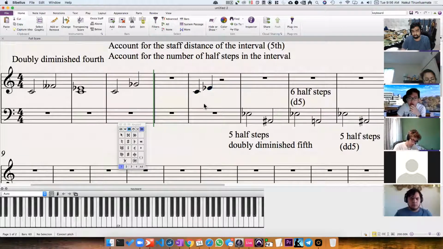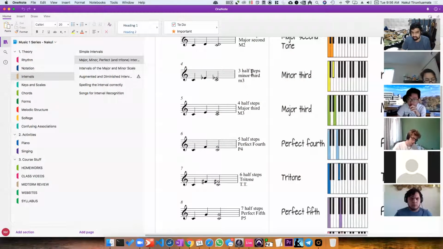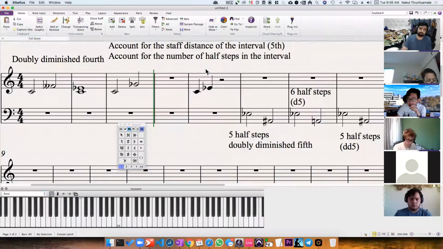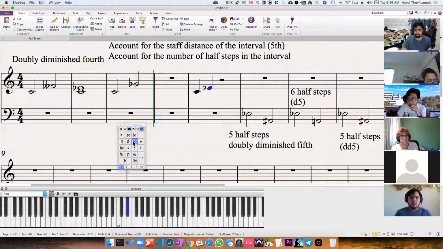It's 3 half steps, which by definition, if you have a staff distance of a third and 3 half steps between the two notes, is a minor third. Now, if I stretch this interval a little bit by naturalizing that E, it was flat before, now it's an E natural, now we have a major third, right?